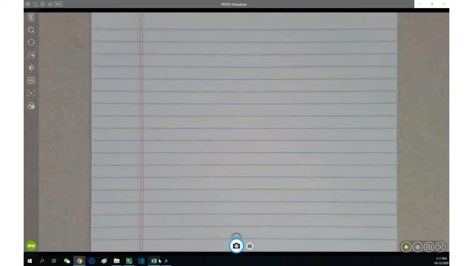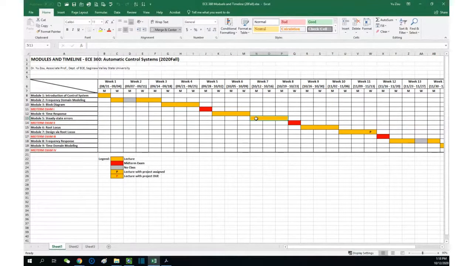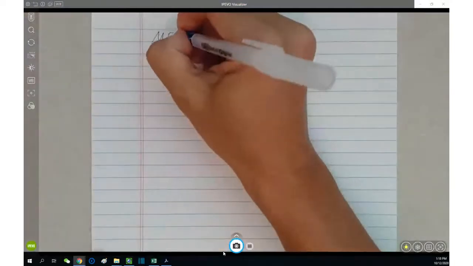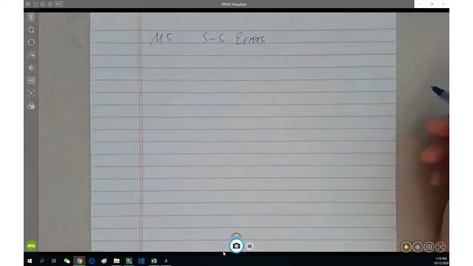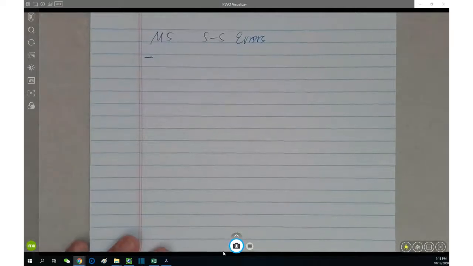Now, this is the Gantt chart we have. We are here at this particular cell, October 12th, the 12th lecture, also the first lecture for module 5, the new module, steady state errors. So first of all, we need to understand what this module is about.